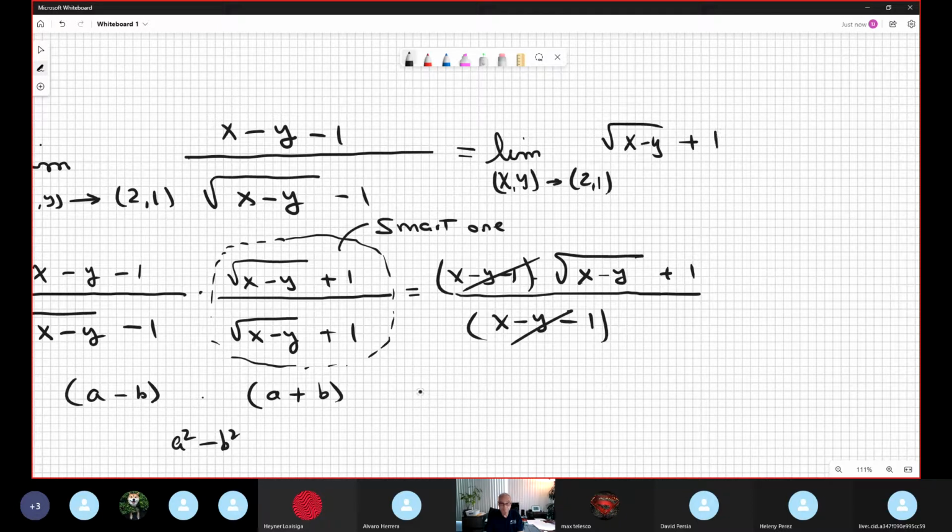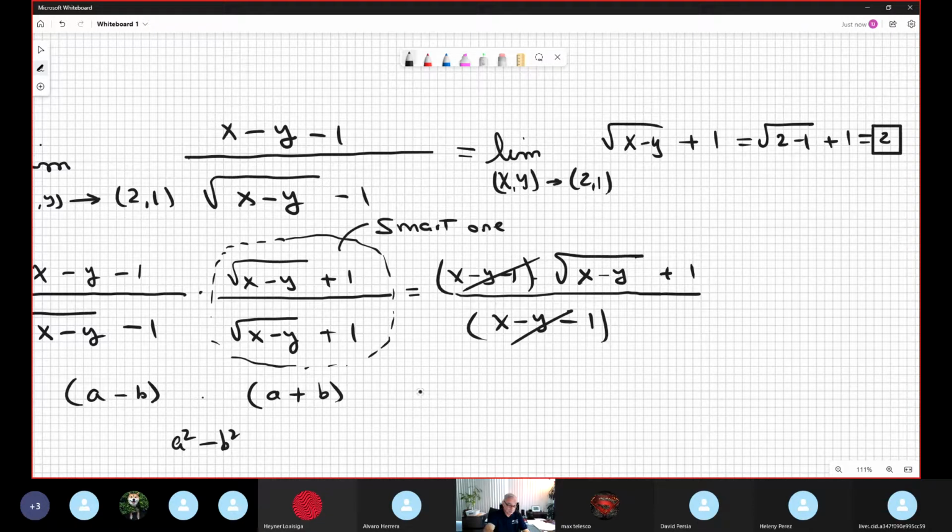I'm plugging it in: square root of 2 minus 1 plus 1. Okay, I do it right. So 2 minus 1 is 1, square root of 1 is 1, 1 plus 1 is 2. Boom, final.